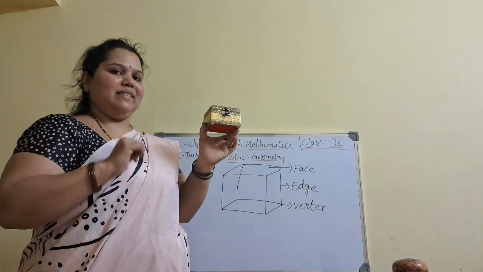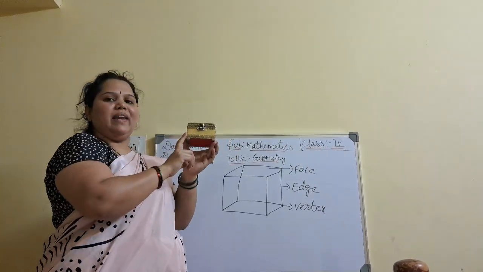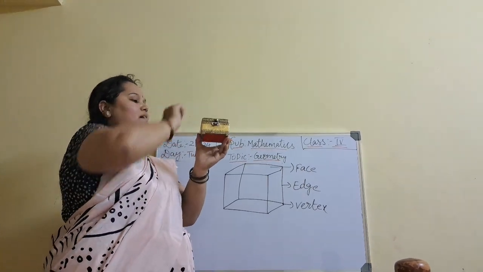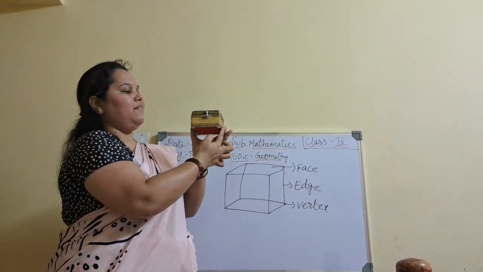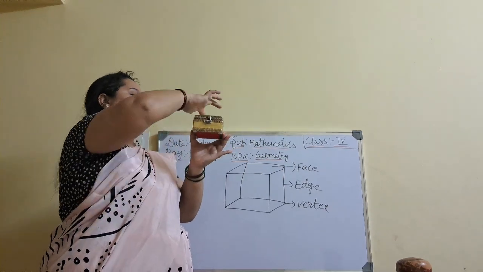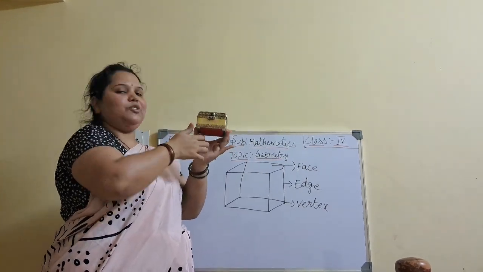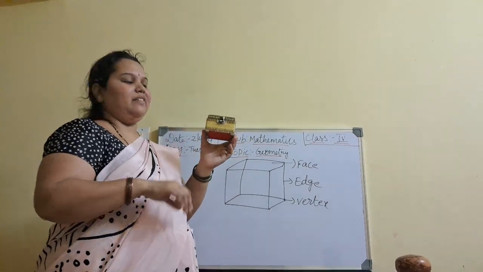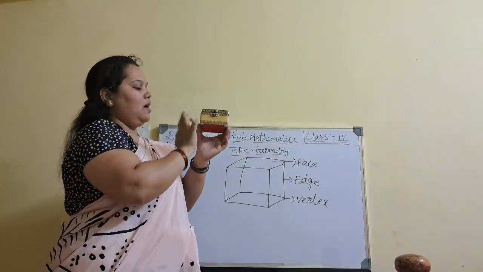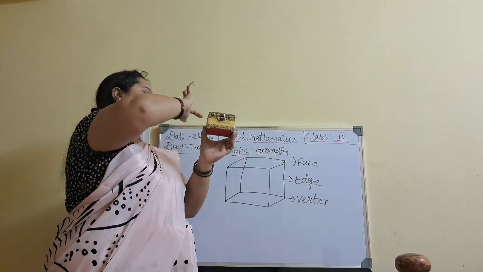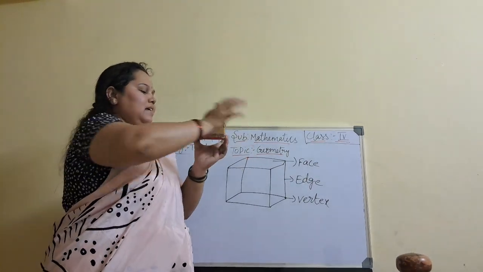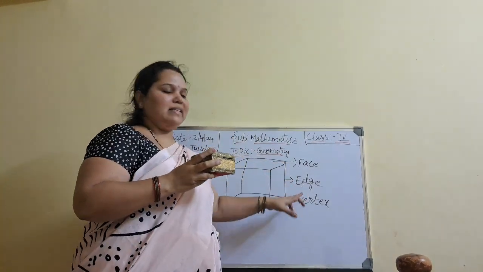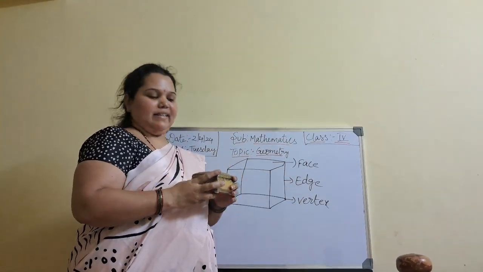We have 6 faces, and then 12 edges: 1, 2, 3, 4, 5, 6, 7, 8, 9, 10, 11, and 12. Then vertices: 8 vertices. 1, 2, 3, 4, 5, 6, 7, 8. So we have 6 faces, 12 edges, and 8 vertices.